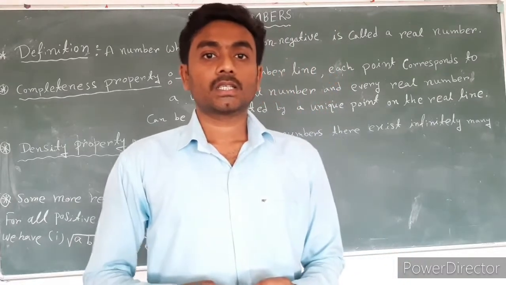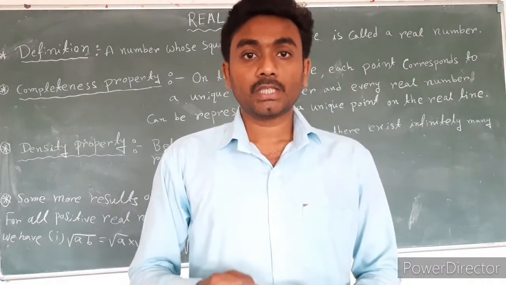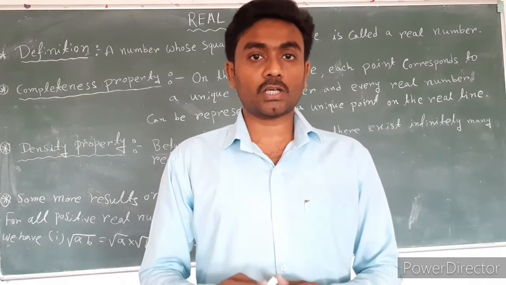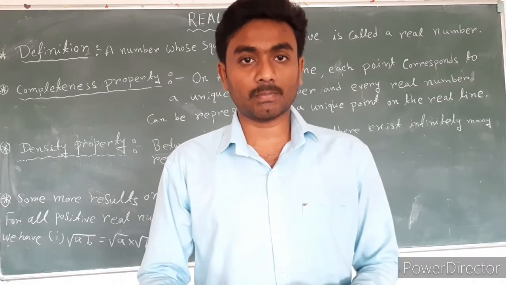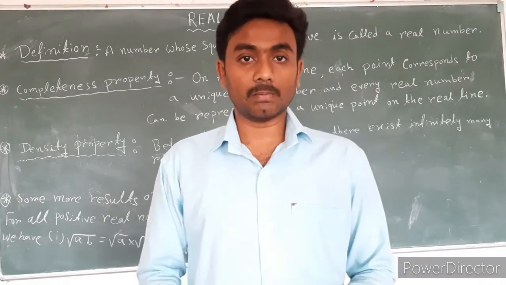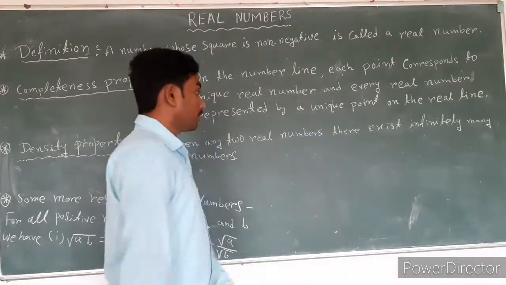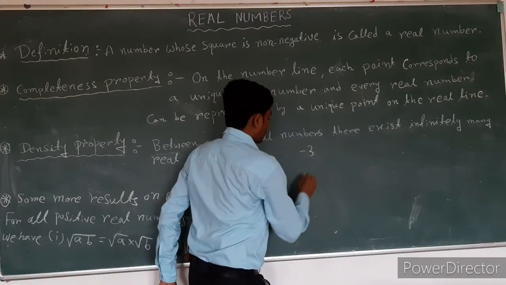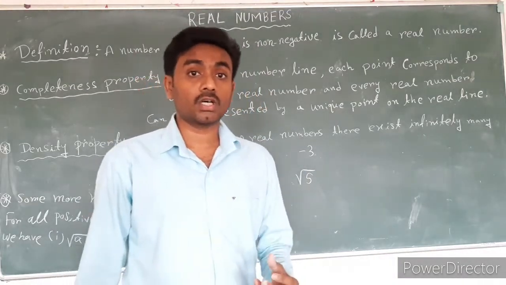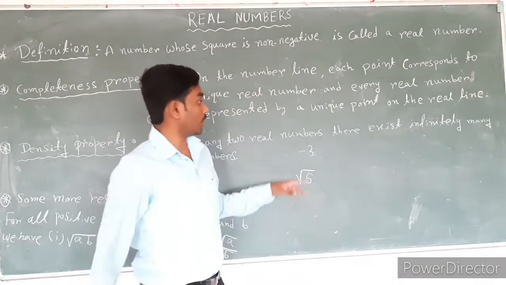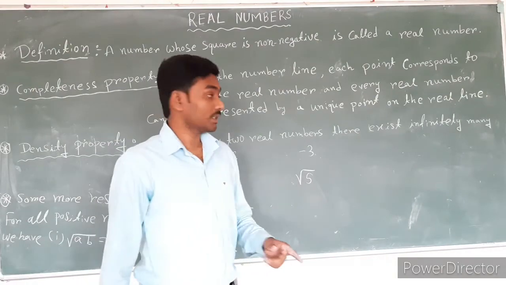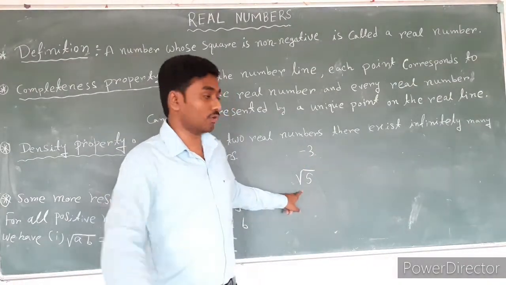A number is said to be a real number if its square is a positive number. If the square of a number is not a positive number, that is, it is a negative number, then it is not a real number. For example, is -3 root 5 a real number or not? How can we check? If the square of -3 and root 5 is a positive number, then it is real, otherwise not.